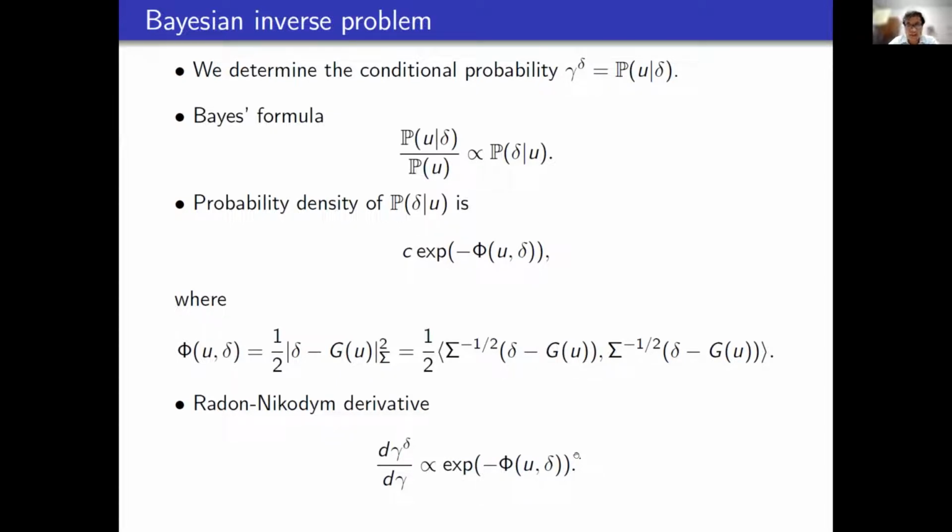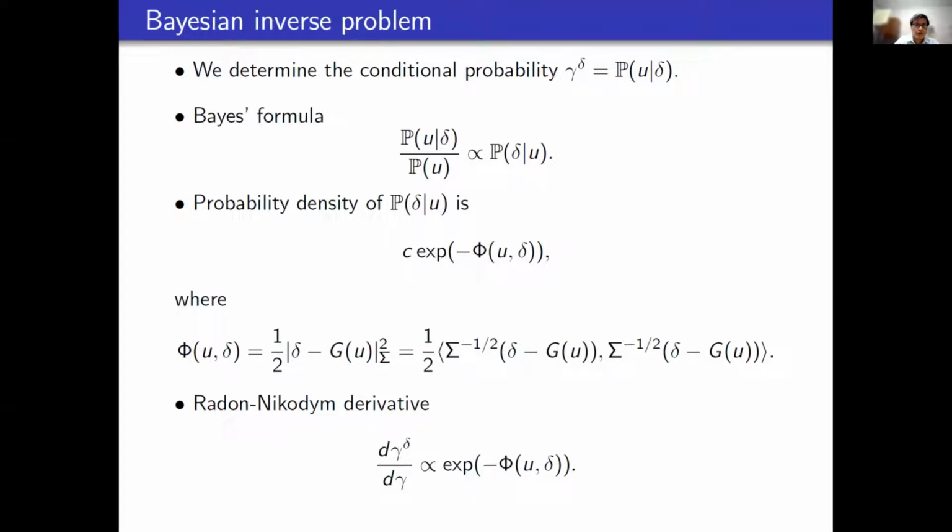But here we are dealing with an infinite dimensional probability space. So we need to make sure that the Bayes rule that we have here holds, and that we can write the Radon-Nikodym derivative of the posterior with respect to the prior in the form that you see here.